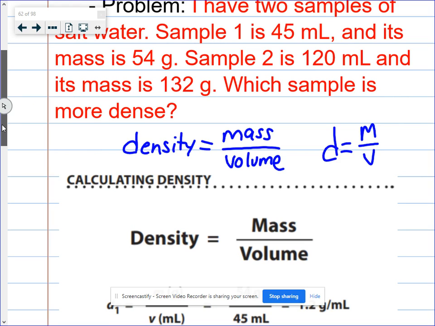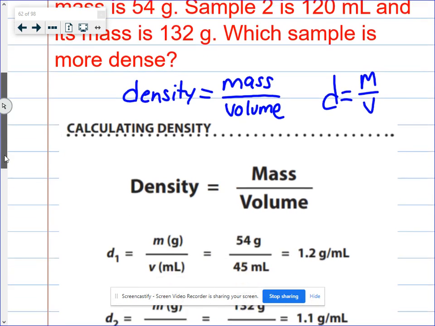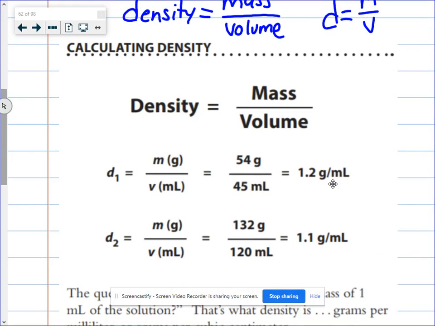45 milliliters. Milliliters is a volume. Mass is measured in grams. So my grams always go on top. So 54 grams divided by 45 milliliters. When I divide that, after I round, I get 1.2. My units are grams per milliliter. And so you have that slash symbol there.